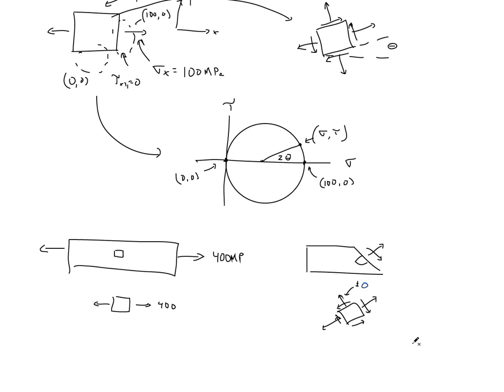So for those of you that plugged into that equation, this equation here for the radius, you probably plugged in a 0. You only solved for sigma x here, which I think was 373, and tau xy, which is 100, and you probably plugged in a 0, but sigma y in this rotation is not equal to 0.